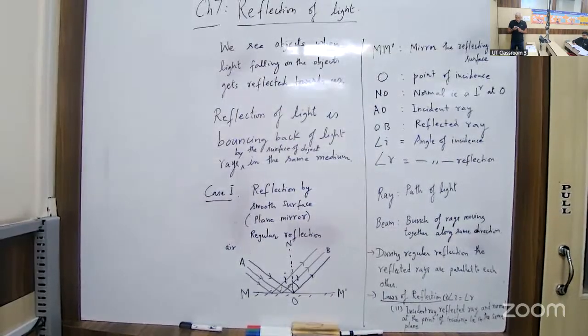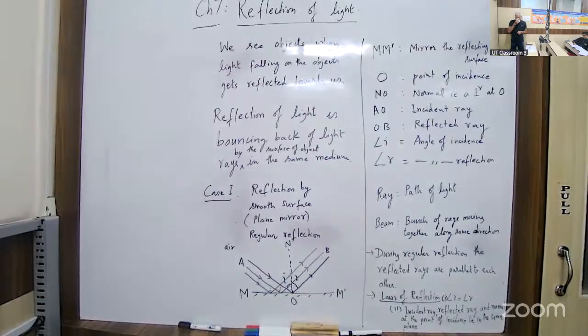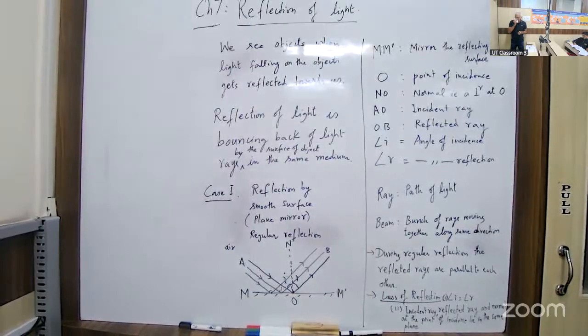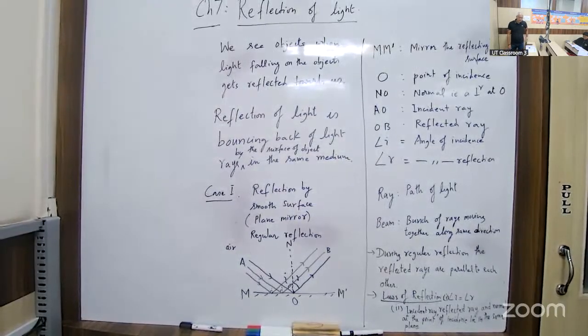Now, laws of reflection are obeyed everywhere for any reflection, whether regular or irregular. Okay. So we have seen the regular reflection case. Now we will see the irregular reflection case.